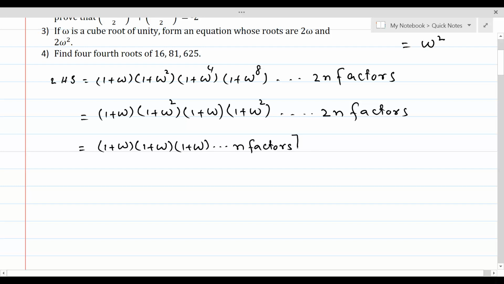And we can write 1 plus omega square, 1 plus omega square, and this way this is separately a product of n factors.